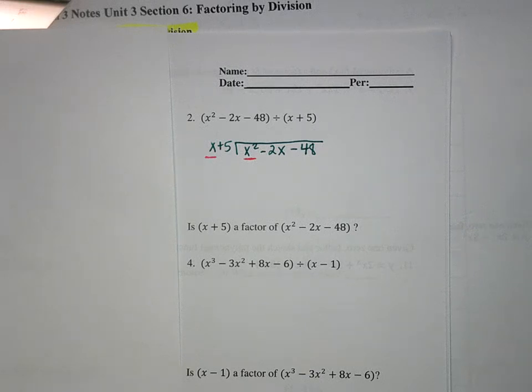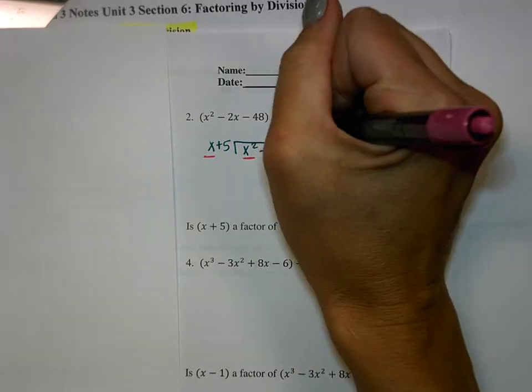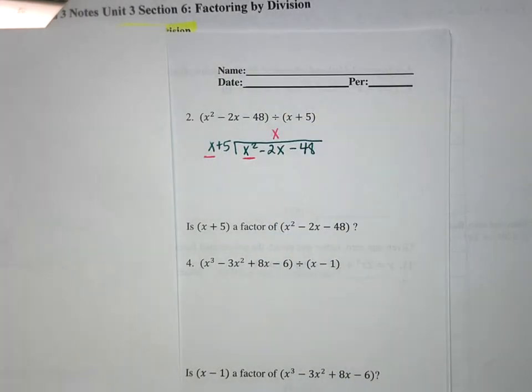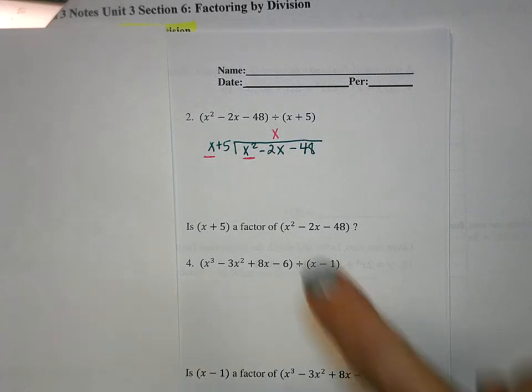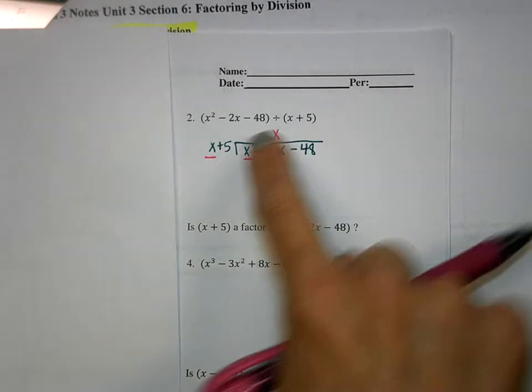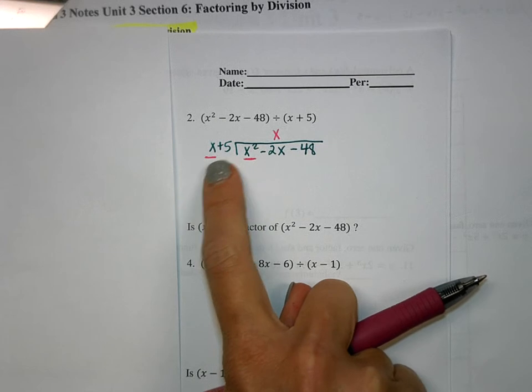X. And we line it up with the like term. So I'm lining it up over the negative 2x because they're both x terms. Okay? Who remembers what my next step is here? You multiply. Good.